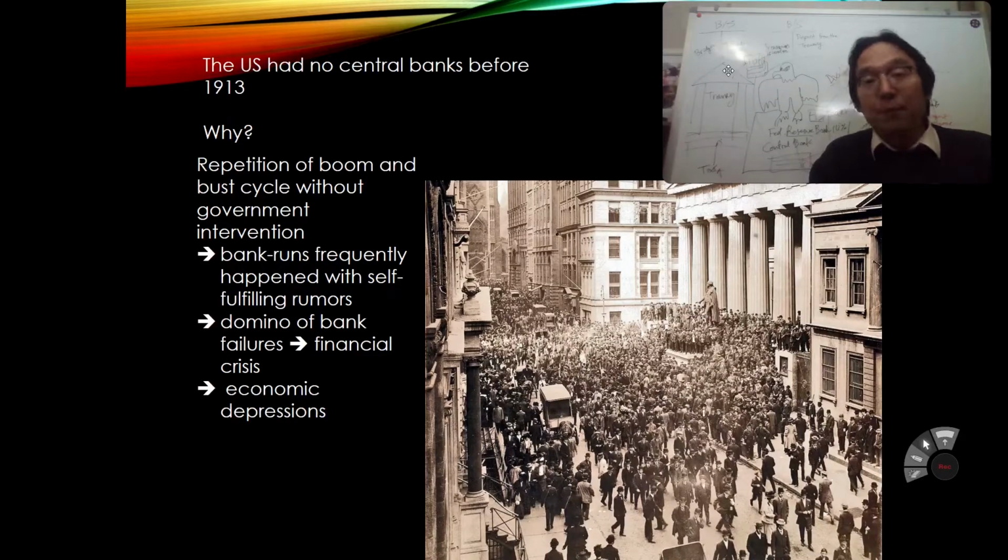So what happened was, especially in bust time or panic time, a lot of people ran to the bank. Bank runs happened very frequently. And the recession or this kind of bust happened almost every 3 to 5 years in the 19th century. So that was very devastating to the whole country.